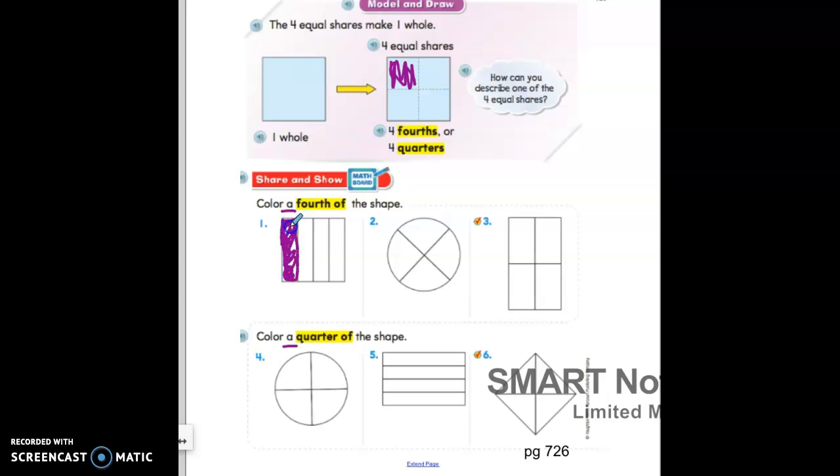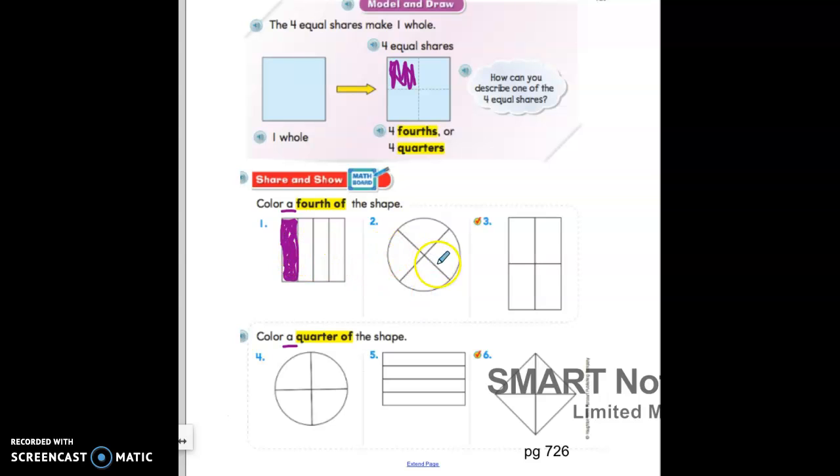Here is a fourth of this shape. For number 2, they're asking to color in a fourth of the shape.